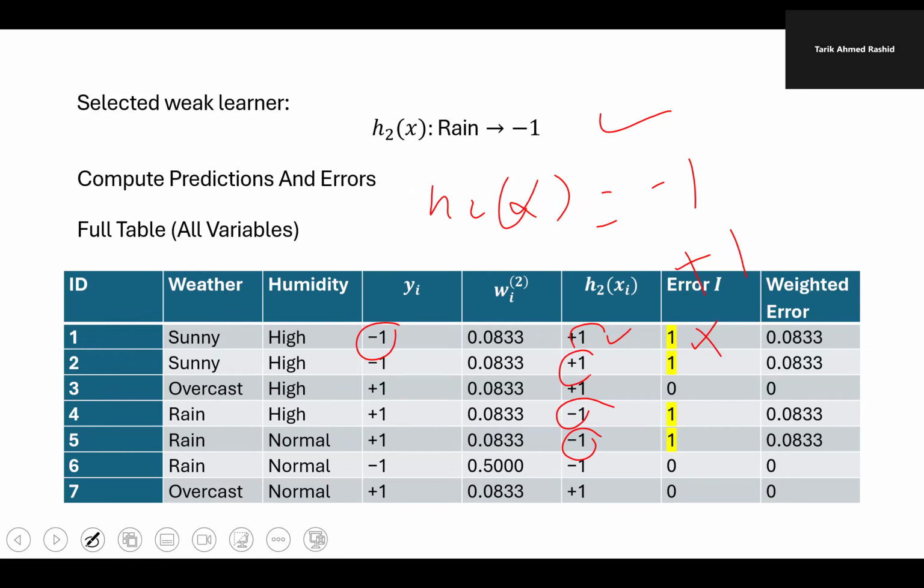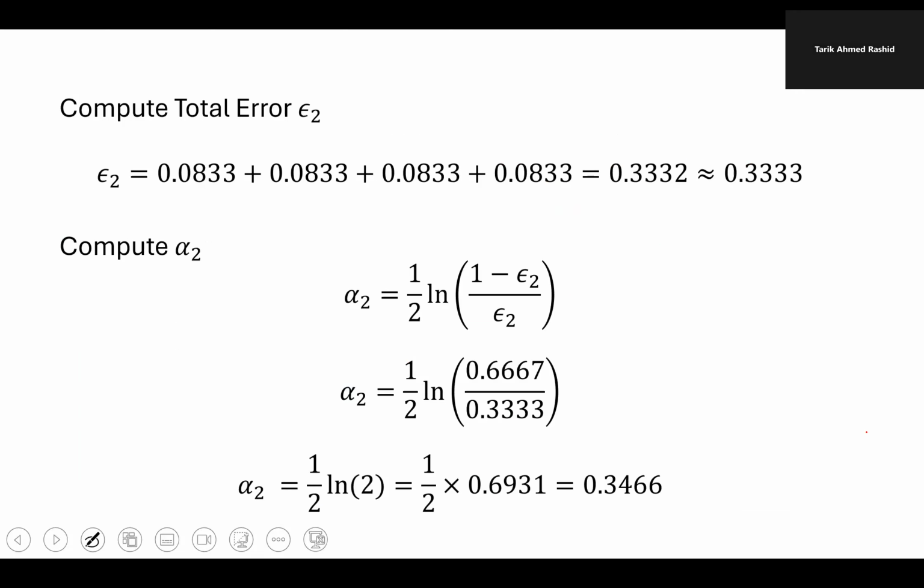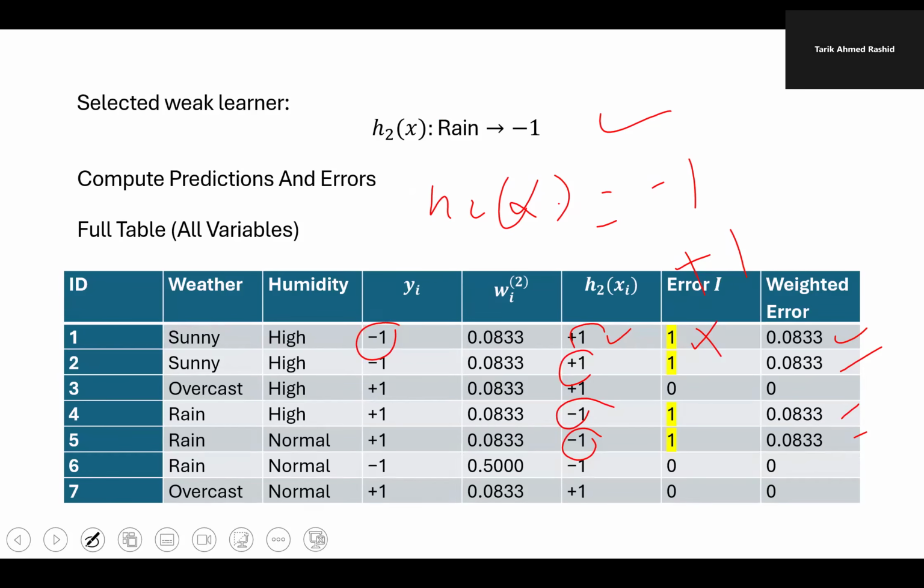So nothing changed in the weight, and you can see the weighted error is this one, this one, this one, and this one. So we have 4 samples that are errors. Now we sum up all the errors in the 4 samples: ID1, ID2, ID4, and ID5.